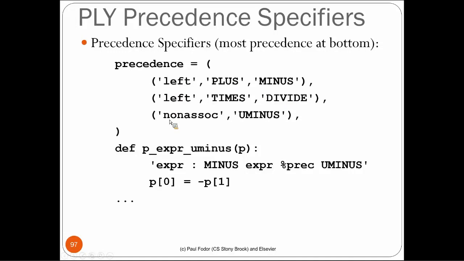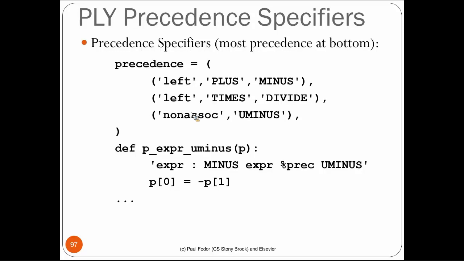Moreover, we also specify the associativity. So plus and minus are left associative, times and divide are left associative, and unary minus is non-associative because it's a unary operator. So now we can actually specify all the parsing rules without having to take into consideration the left associativity or the right associativity or the precedence of operators.